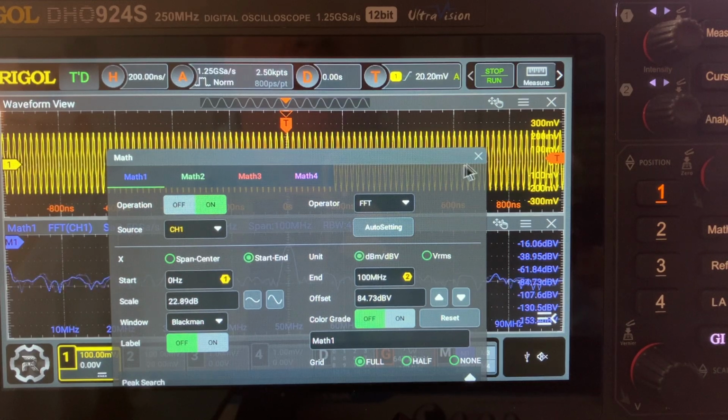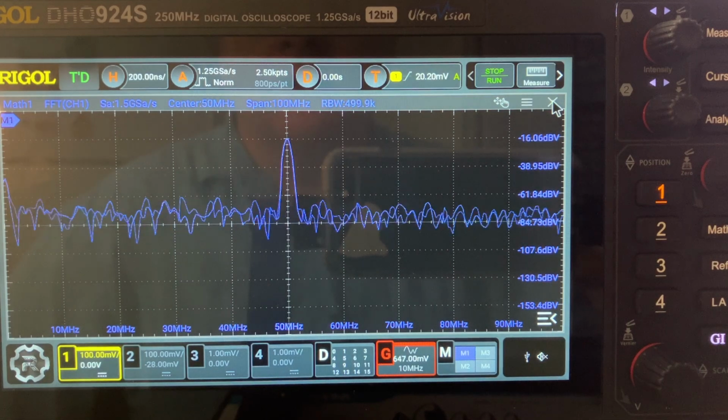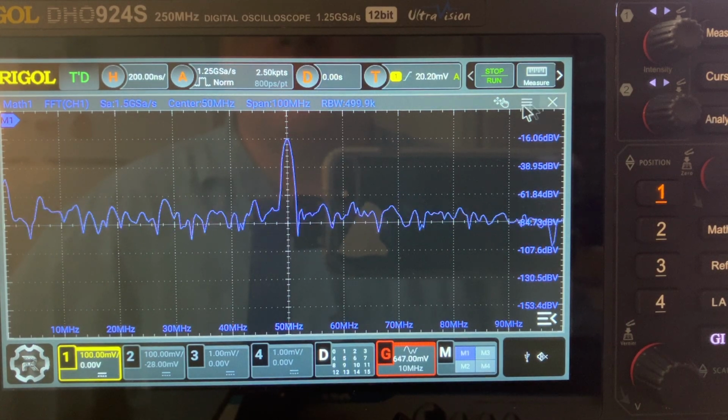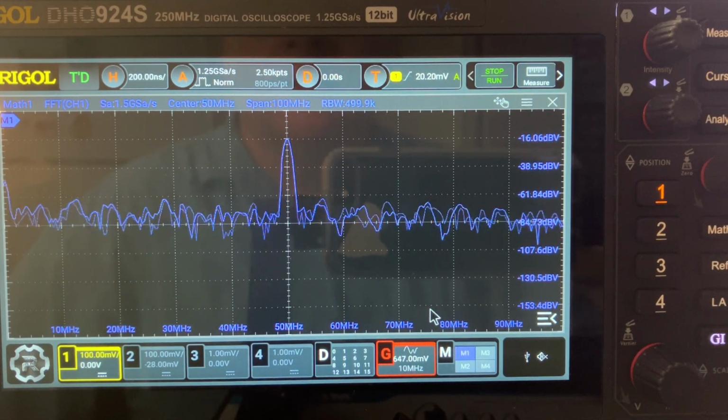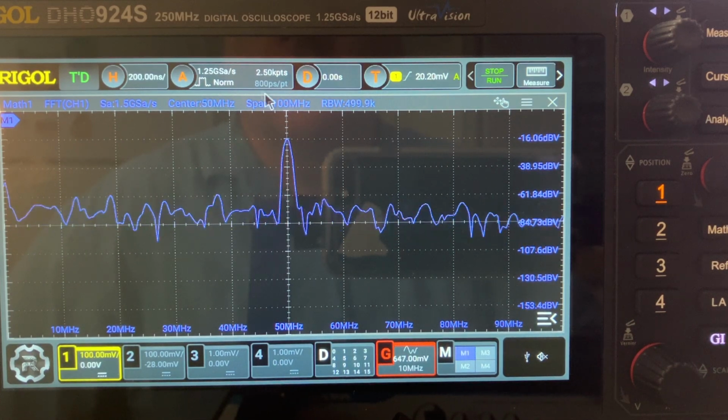Right now we are at 125. By the way, once you have this display in here, you could zoom on it, but it's not very useful. Just work only with this frequency distribution from 0 to 100.